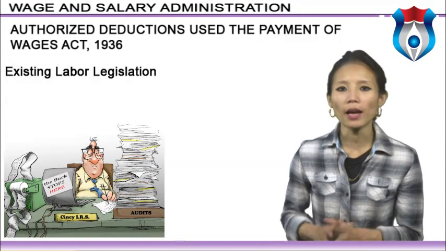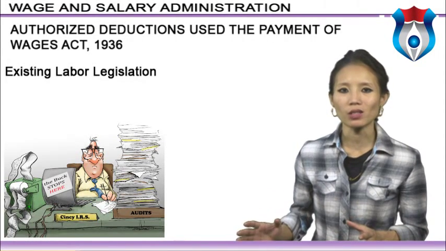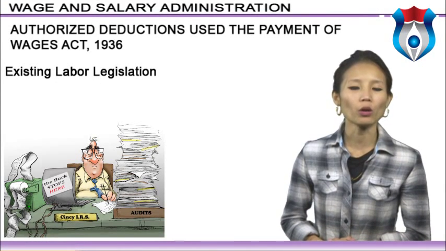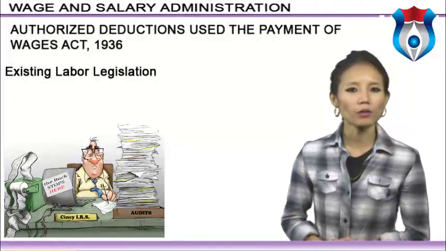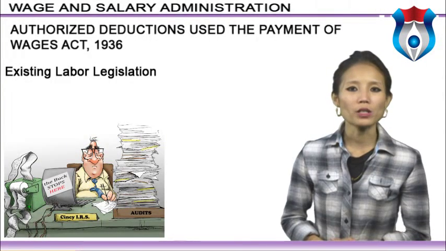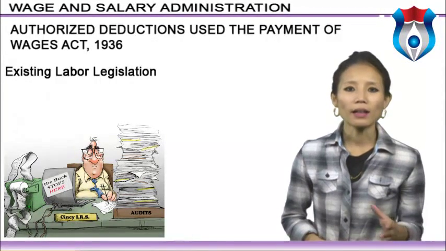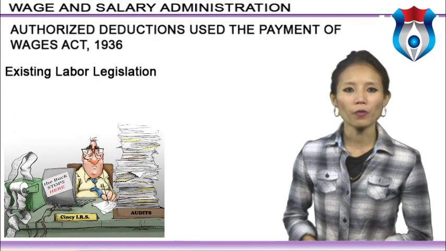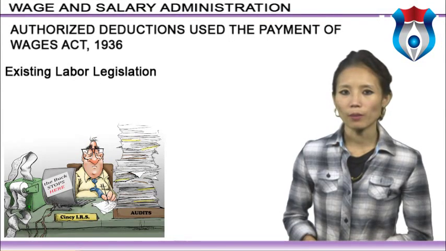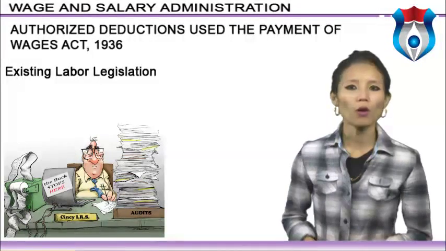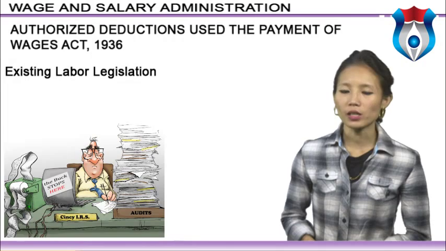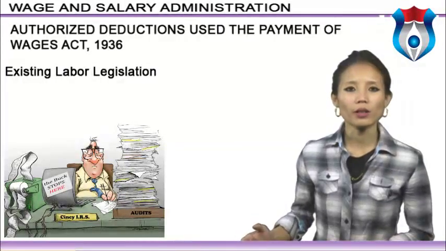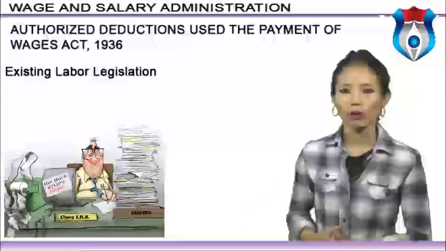Similarly, Article 39 of the Constitution provides that the state must endeavour to secure for all workers a living wage and conditions of work which ensure a decent standard of life as well as full enjoyment of leisure and social and cultural opportunities. The Act empowers the government to fix minimum rates of wages. It also provides for the review of these wages at intervals not exceeding 5 years. The Payment of Wages Act 1936 was a step in the direction of wage regulation.